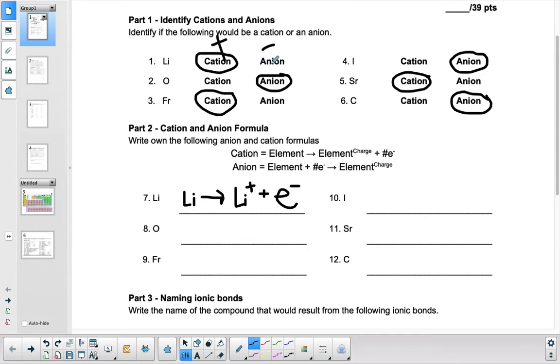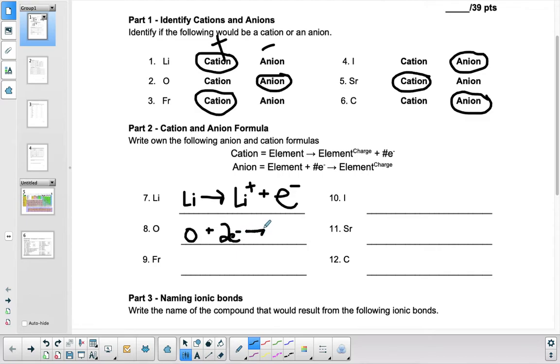For oxygen, we said up here, oxygen is an anion. That one has 6 valence electrons. We're using here, so we're starting off with oxygen. We're adding electrons to it so that it has a full octet. We are going to add 2 electrons to get up to 8.